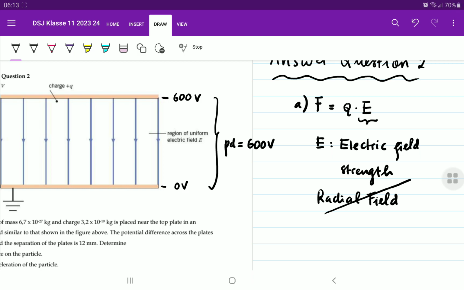What we have now is a homogeneous field of a capacitor.